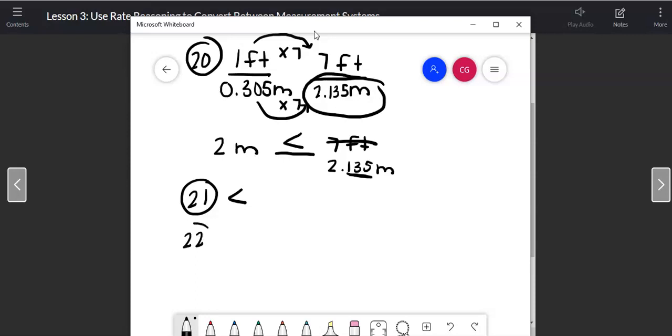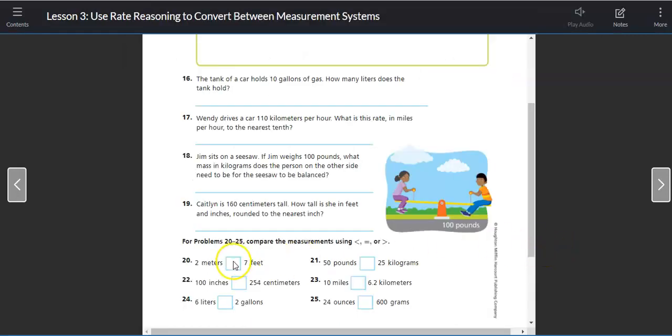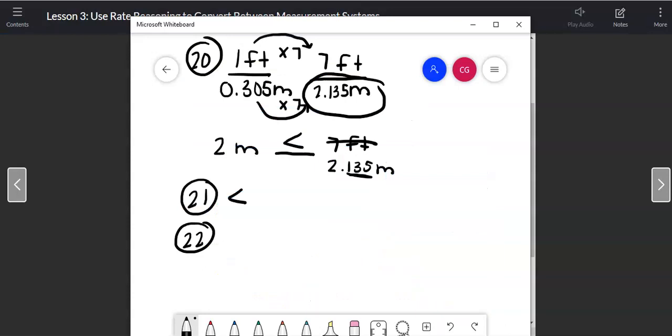Let's take a look at 22. 22 is asking 100 inches. Is it less than, greater than, or equal to 254? So I'm going to change them both to centimeters. So I know that 1 inch is 2.54 centimeters. And I got that from my chart. And it gave us 100 inches.